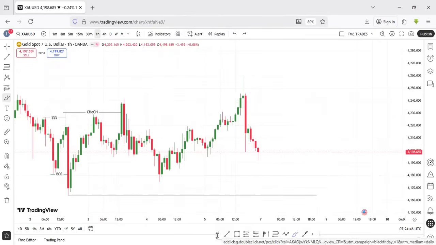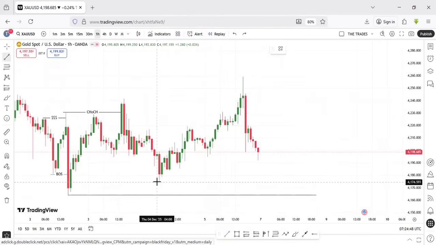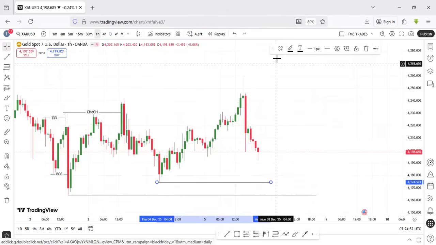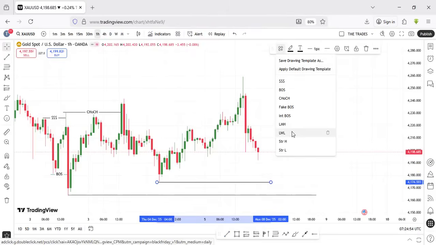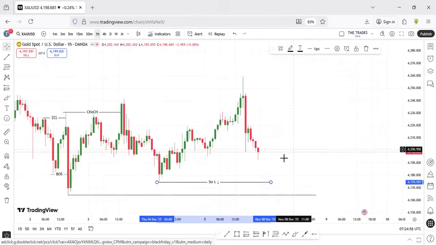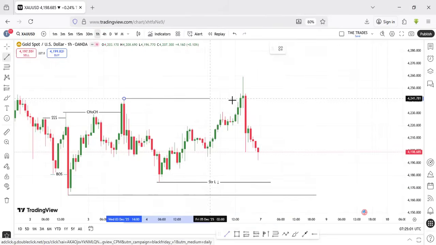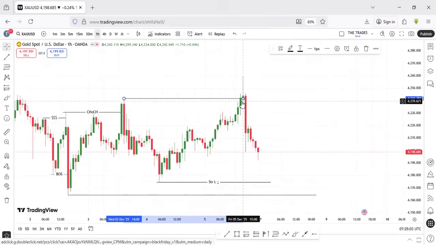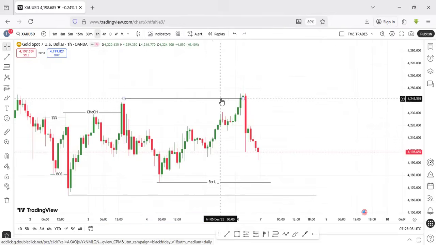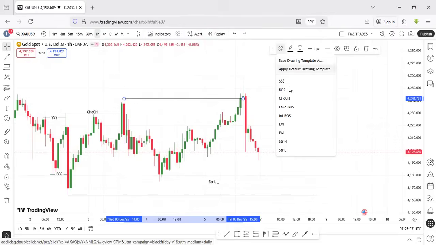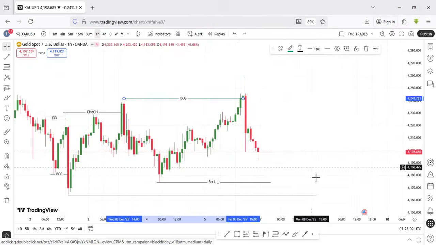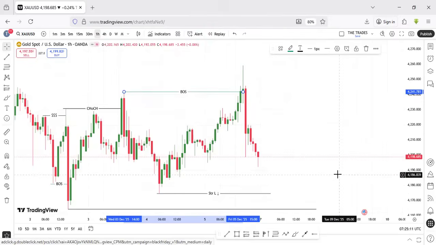After taking out all these things, it gave us this low that took out all this internal structure, making this right now our very strong low. A very strong low because we have that valid break of structure after that sweep of liquidity, which means this is now a valid break of structure. We should still be expecting more continuation to the upside.